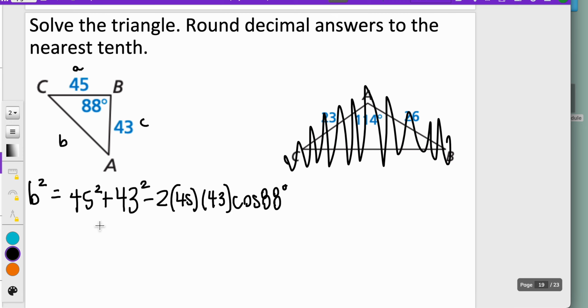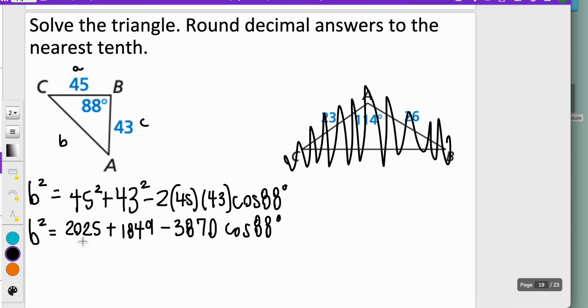Next, we're just going to simplify what we've got. I calculated these ahead of time, so you might want to double check these with your calculator. I did it just to save some time and energy here. So we've got 2025 plus 1849 minus 3,870 times the cosine of 88.